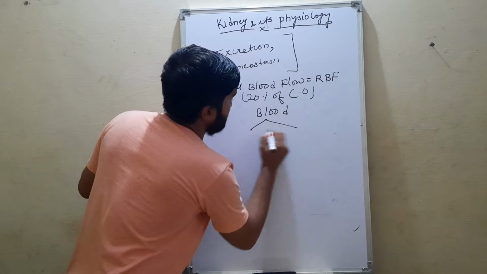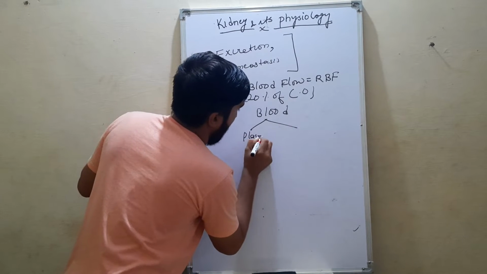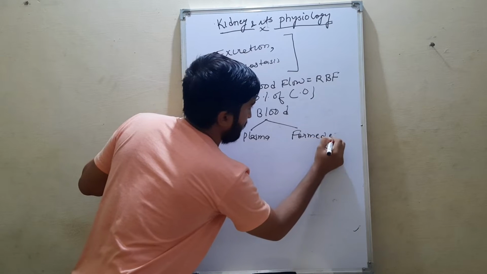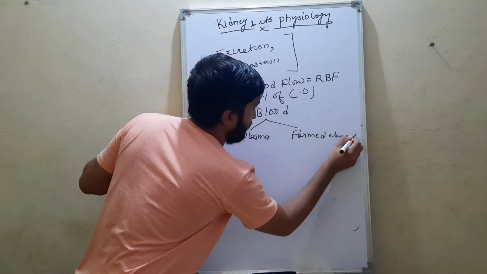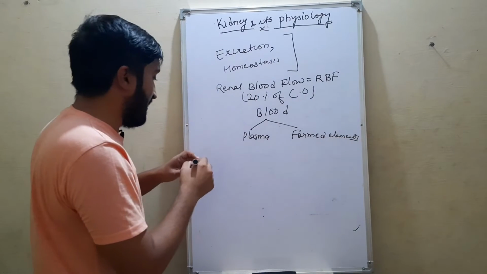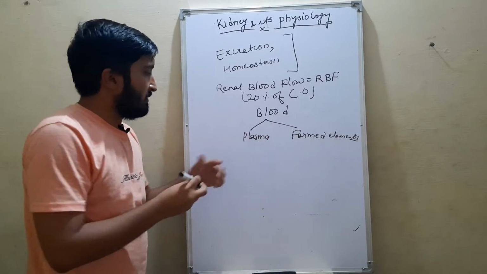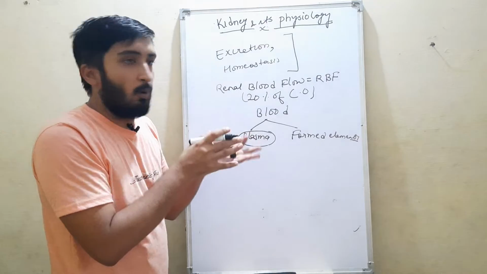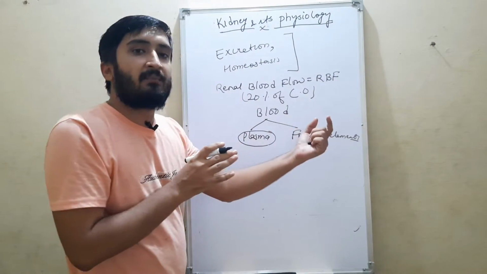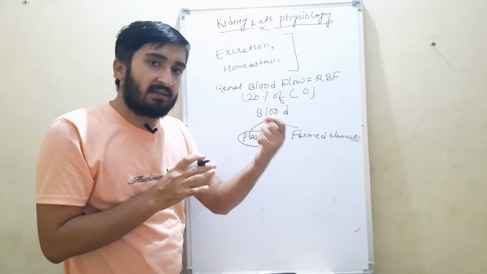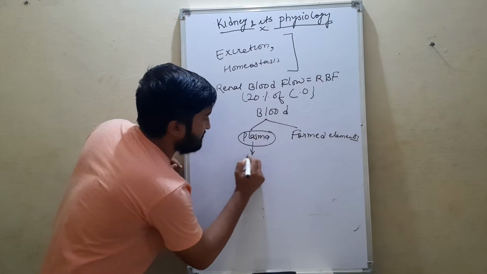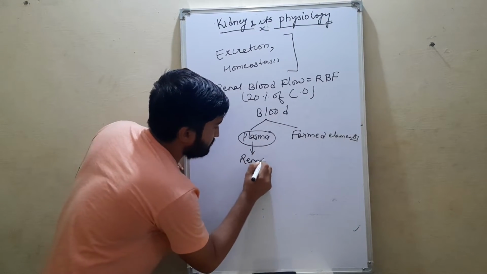Blood consists of plasma and formed elements. Only the plasma fraction of blood is filtered. The formed elements are not filtered by the Bowman's capsule. So this fraction is called renal plasma flow.